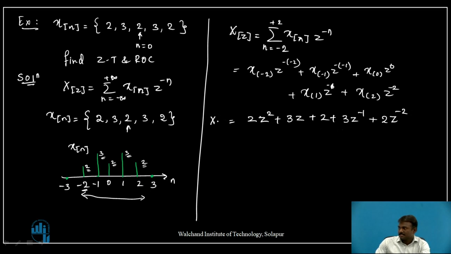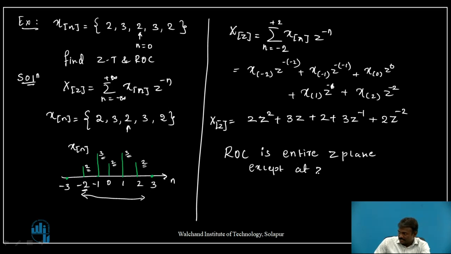So this is X(z), and from X(z) we can say that the region of convergence is the entire z plane except at z equal to 0 and z equal to infinity.